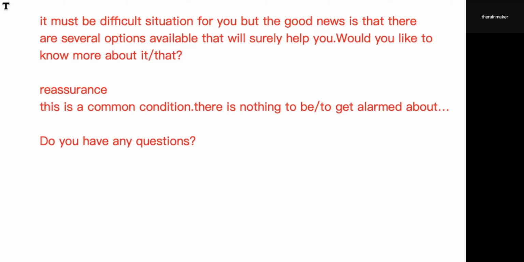I know you're in a difficult situation, but if you do this, if you do that, you're going to be fine. This therapy is necessary for you, right? If you change your lifestyle, if you modify your lifestyle, if you take medications on time, if you do what we were telling you, you're going to feel better in no time. Will you be able to do that for me? Are you clear? Something like that. You should keep talking.